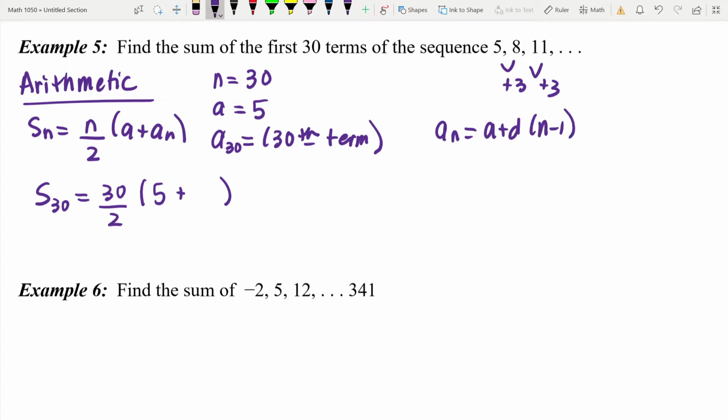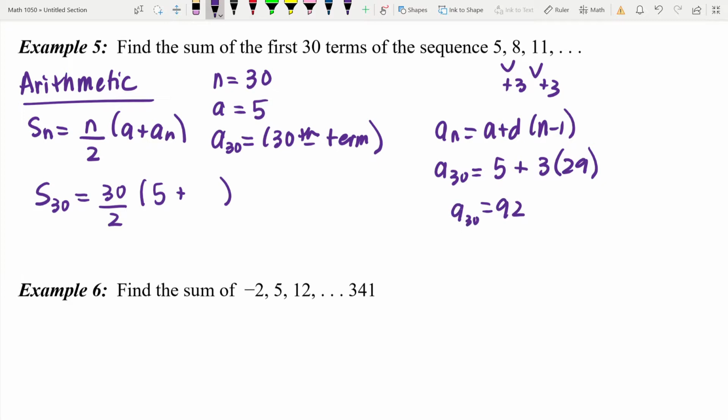I'm trying to find the 30th term because I need that to find the sum. So a sub 30 is the first term, 5, plus the common difference, which we found to be 3, times 30 minus 1, which is 29. Grab your calculator: 5 plus 3 parenthesis 29, close it, enter, and I get 92.